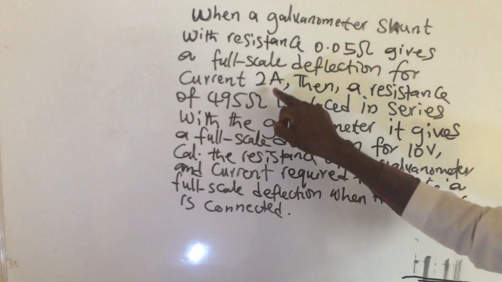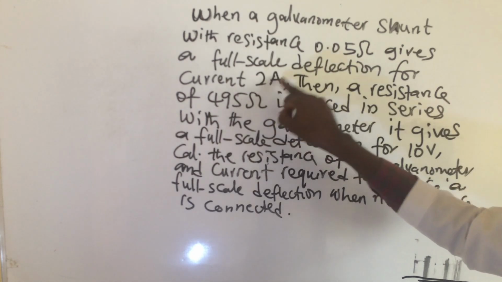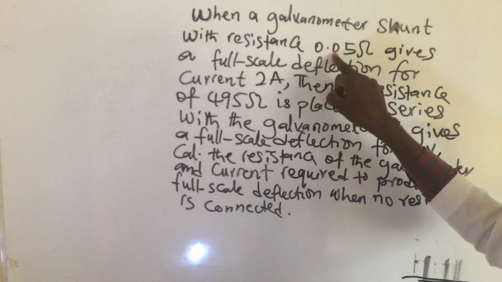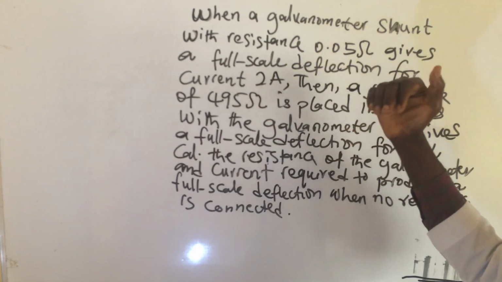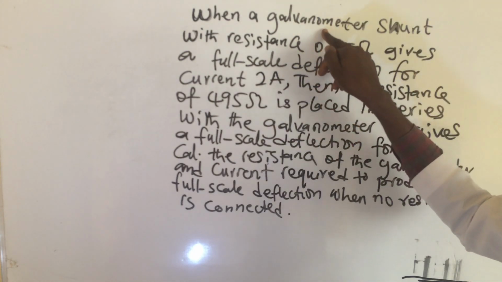That's why it is able to read 2 ampere. So they connect the shunt resistance in parallel. That is why this galvanometer can read 2 ampere. Therefore, we have converted it to an ammeter.